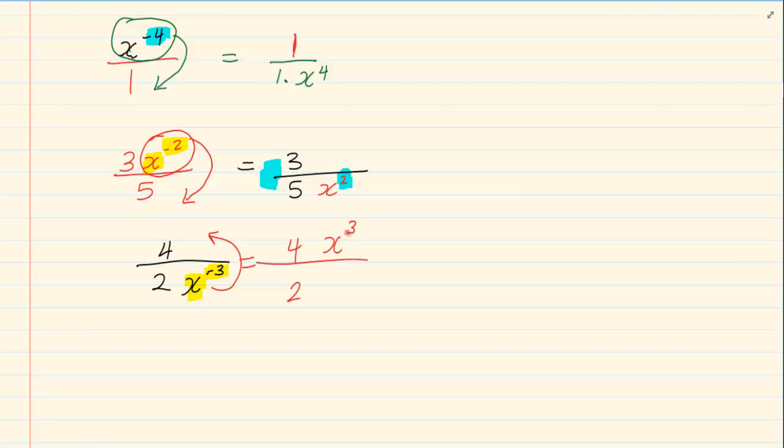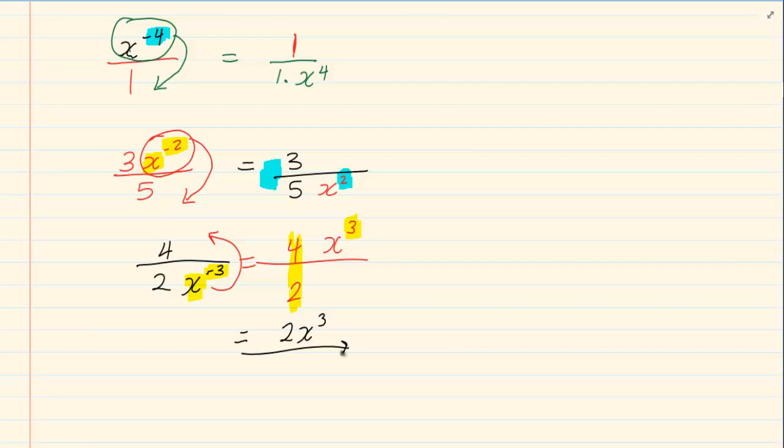As soon as I move it, the power sign changes. So I got 4 over 2, and on top now I have x to the power 3. So my final answer is 4x to the power 3 all over 2. You can further simplify. 4 over 2 gives me 2. So my answer is 2x to the power of 3.